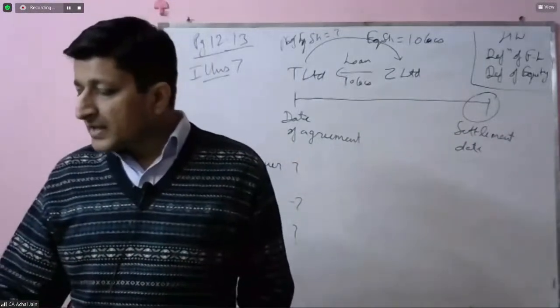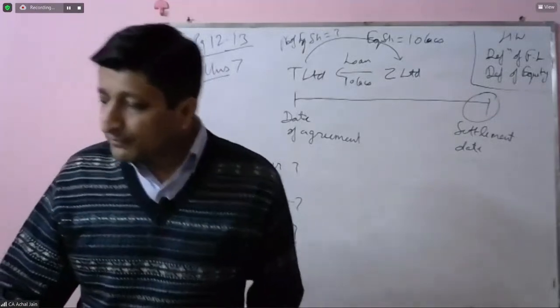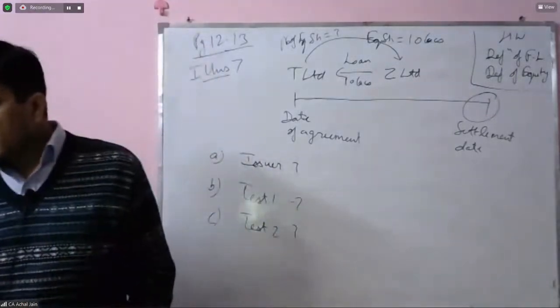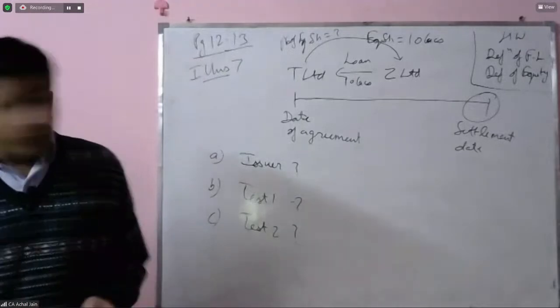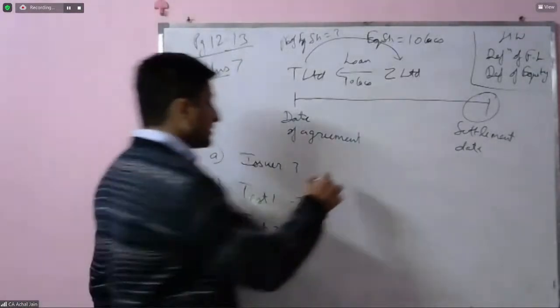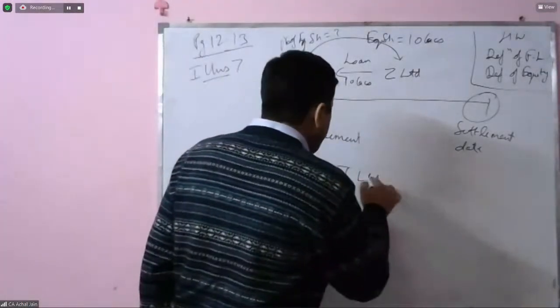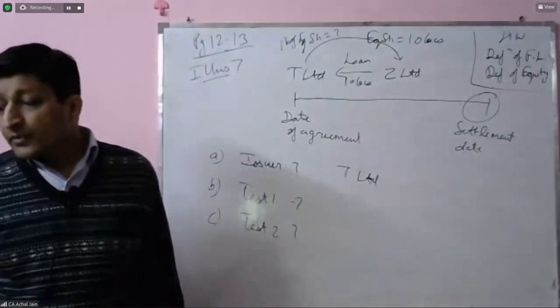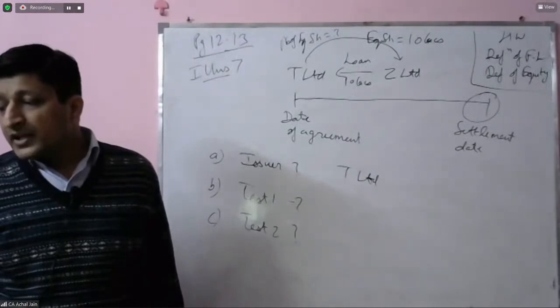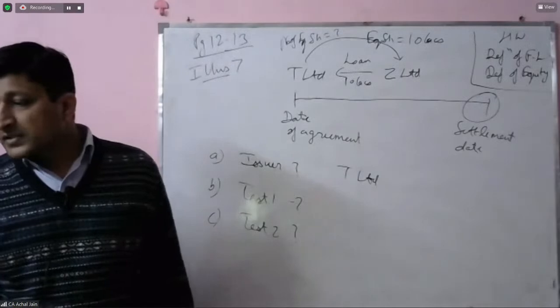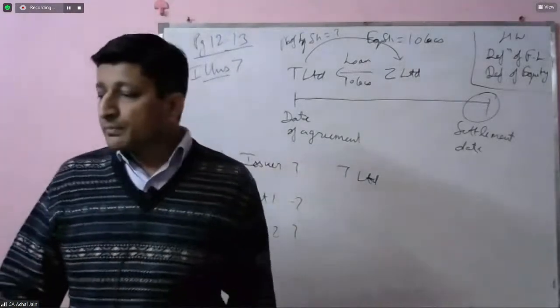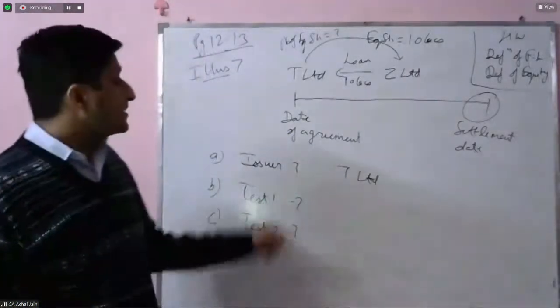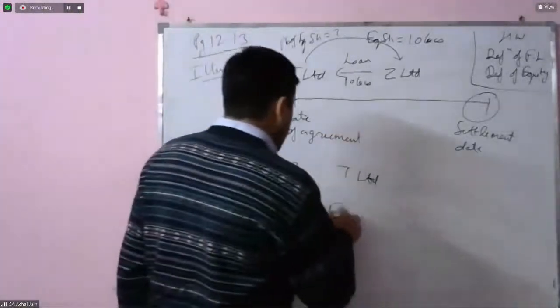Okay, great. Chavi has answered this very quickly. Very good. So Chavi is saying, sir, for A, my response is T Limited, meaning T Limited is the issuer here. Then Chavi is saying for B, financial liability, and test 1 fails. For B, it's a financial liability.